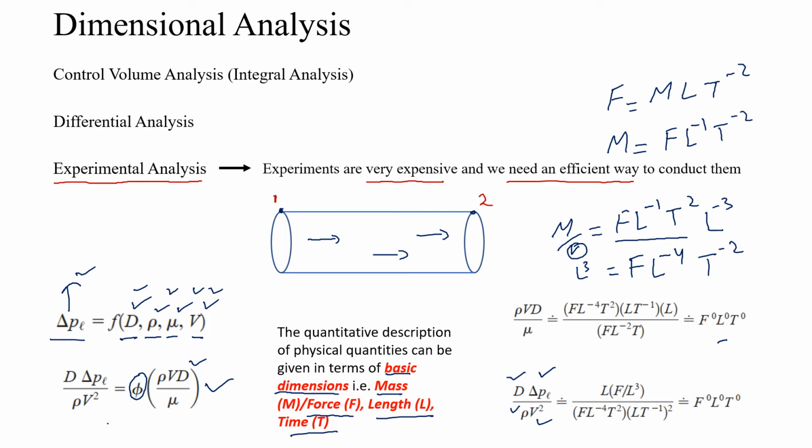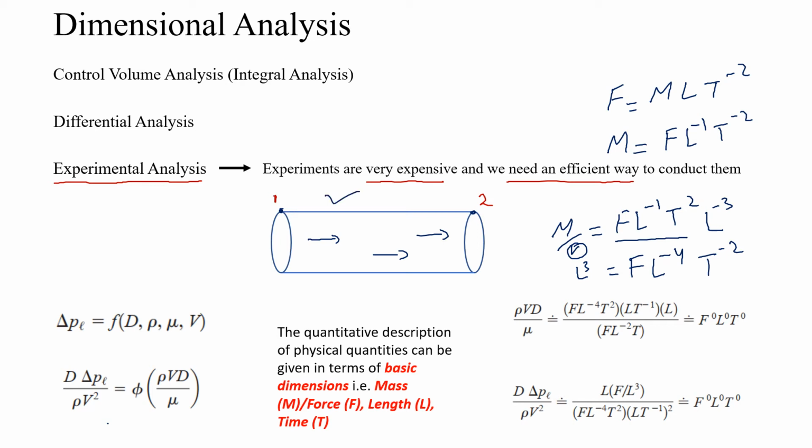So this is what we are going to do: define our key variables, our dependent and independent variables, at the start. Let's repeat what we did so that you have a better understanding. For this example, we were talking about the pressure drop per unit length in this pipe. The pressure drop per unit length was a dependent variable, and it depended on the diameter of the pipe, the density of the fluid, the viscosity of the fluid, and the velocity of the fluid.